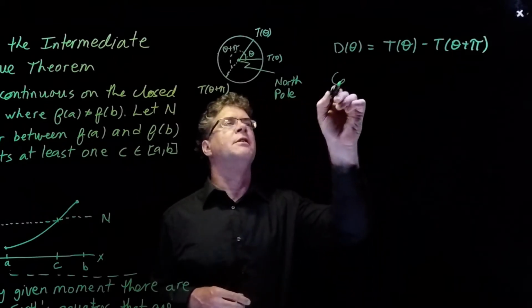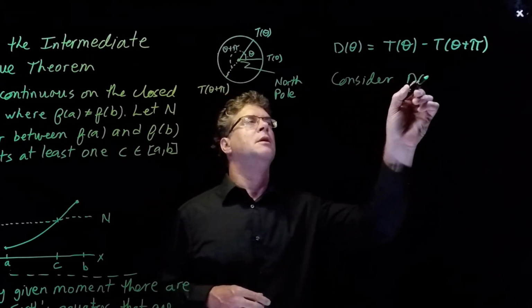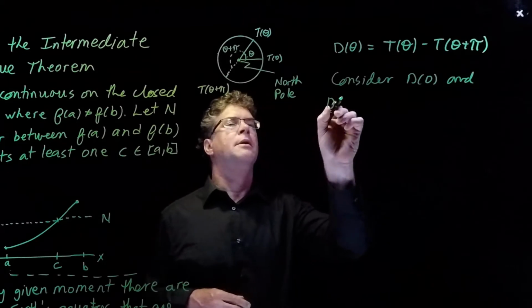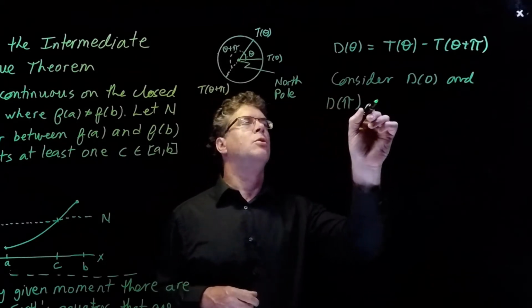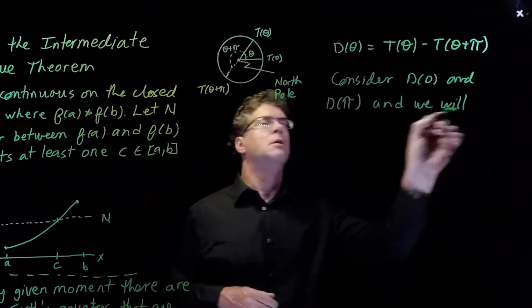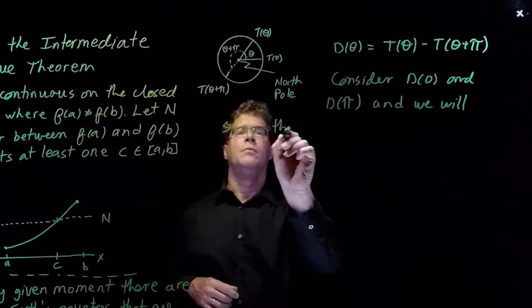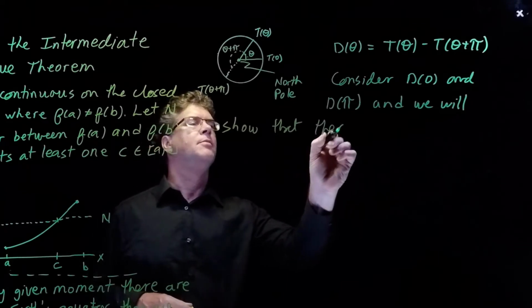So we're going to consider d of 0 and d of pi, and we'll show that these have opposite signs.